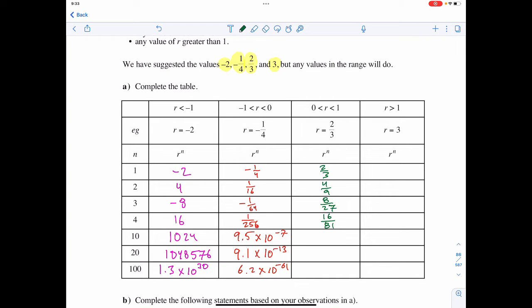To the power of 10, I get 0.173, and so on. To the power of 20, I get 3.0 times 10 to the -4. And to the power of 100, I get 2.5 times 10 to the -18. Once again, an insanely small number.